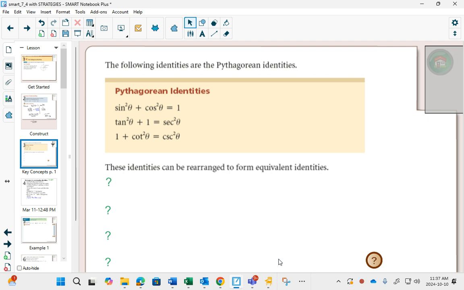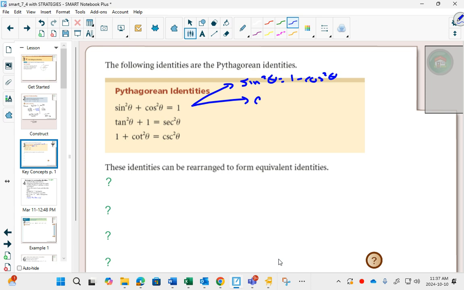Pythagorean identities. And these Pythagorean identities, you know we've done this lots already, right? That sine squared theta is 1 minus cos squared theta. And that cos squared theta is 1 minus sine squared theta.